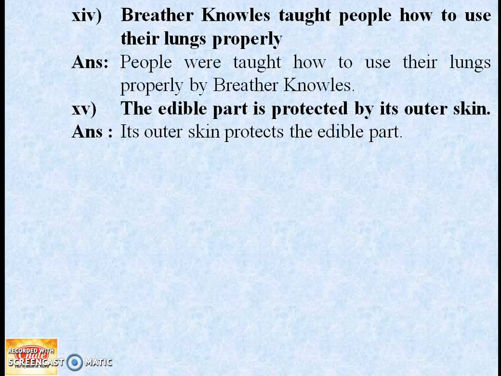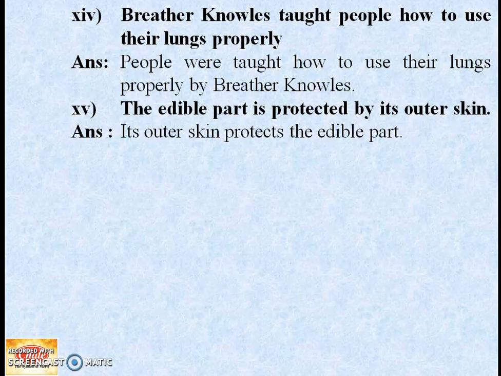So people, whom did he teach? Here this sentence contains 2 objects, and if a sentence contains 2 objects, we can convert it into passive voice in 2 ways. Breather Noels taught. What did he teach? Whom did he teach? People. So people were taught how to use their lungs properly by Breather Noels.